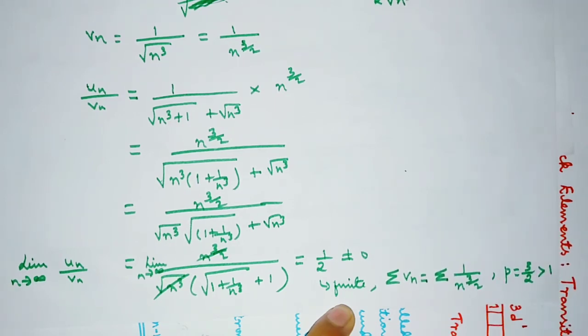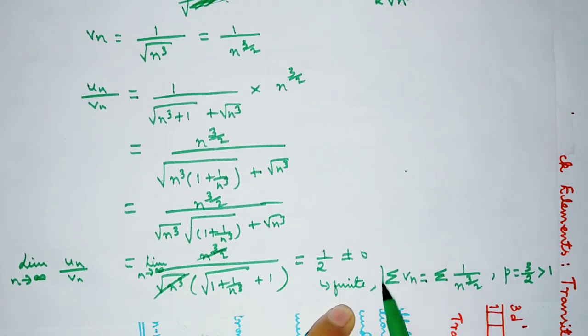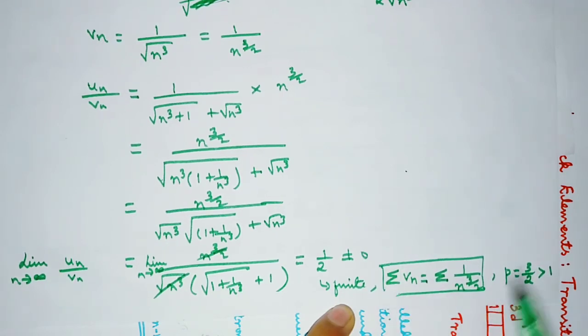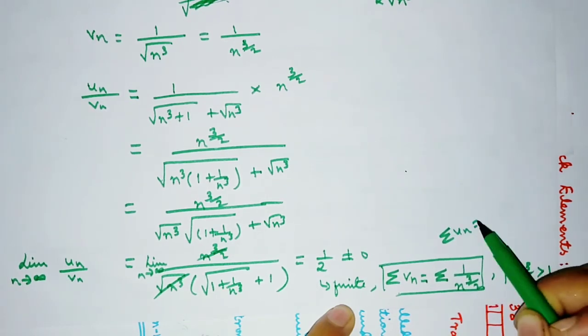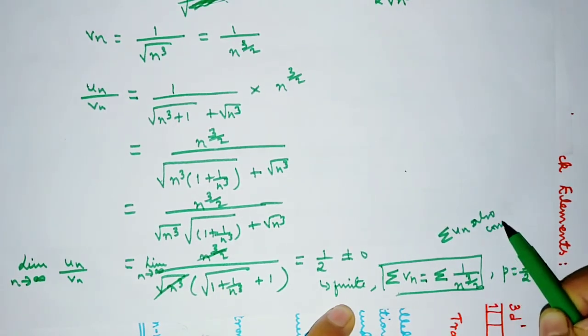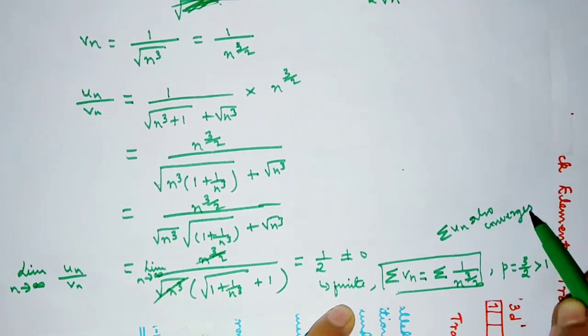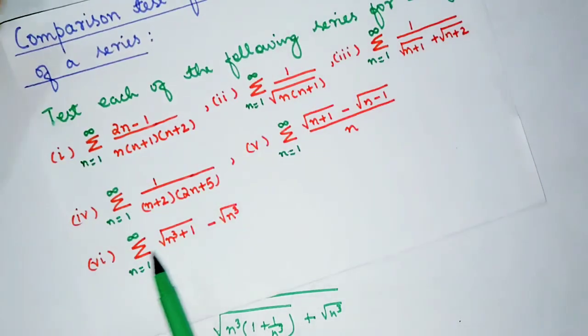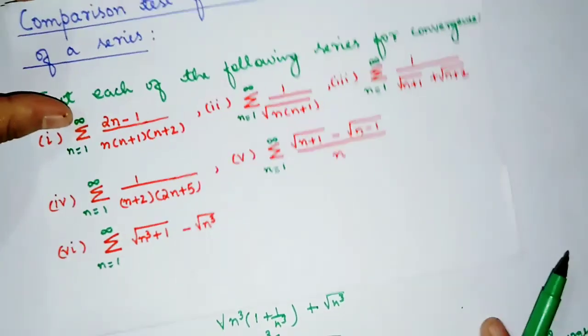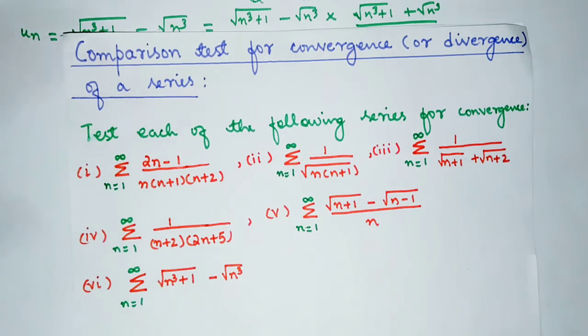And we know that when p is greater than 1, then the p series converges. So this series converges. Since this one converges, we conclude that summation Un also converges by the comparison test. So this is all about the comparison test for checking whether the given series is convergent or divergent.